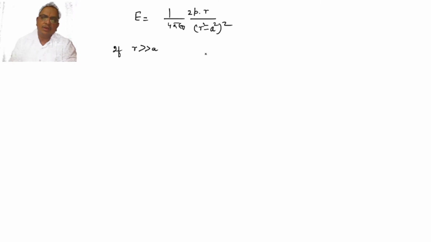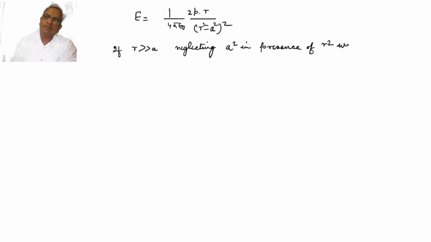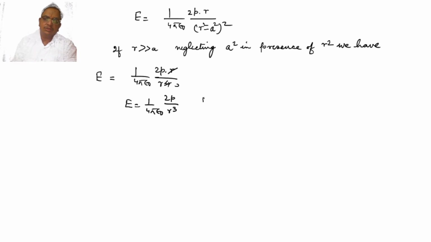So if R is very large in comparison to A, neglecting A square in presence of R square, we have E equal to 1 over 4 pi epsilon 0 2PR over R to the power 4, and it cancels, giving E equal to 1 over 4 pi epsilon 0 2P by R cube, in Newton per coulomb. This will be the direction of the electric field.